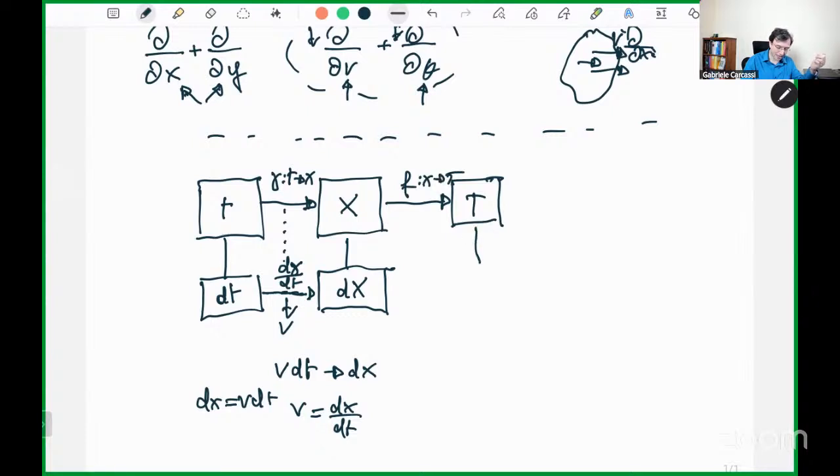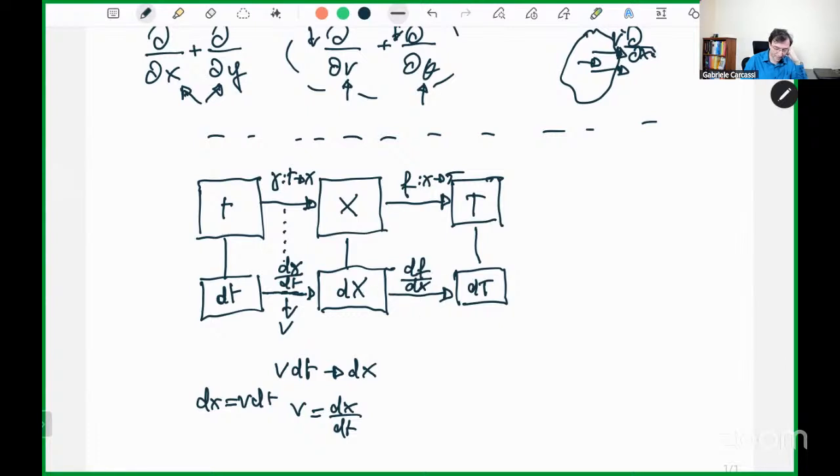So again, I will imagine that there are infinitesimal displacements in temperature, and now I have a map that tells me for each infinitesimal displacement in space what the infinitesimal displacement in temperature is. And this map is going to be our df over dx, because it takes a small dx and gives us a small df.